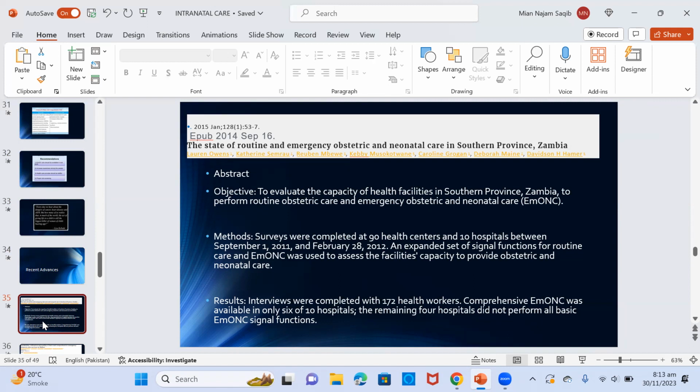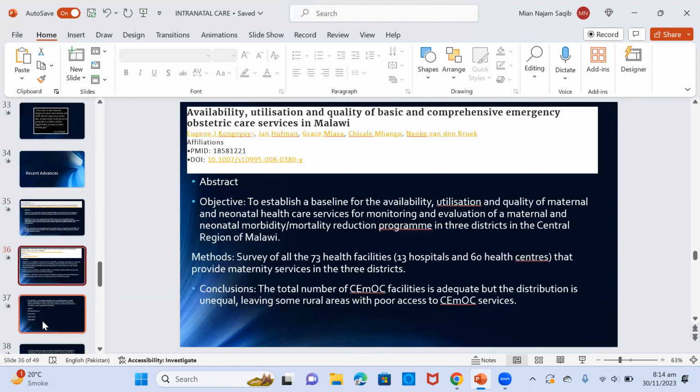An expanded set of signal functions for routine care and EmONC was used to assess the facility's capacity to provide obstetric and neonatal care. Results: interviews were completed with 172 health workers. Comprehensive EmONC was available in only 6 of 10 hospitals. The remaining did not perform all basic EmONC signal functions.